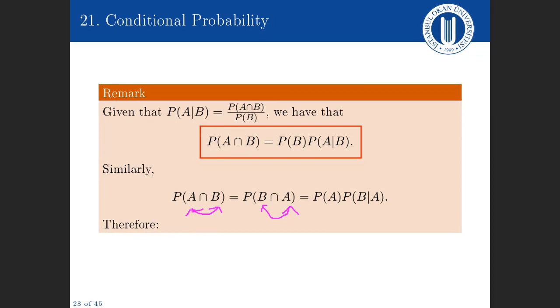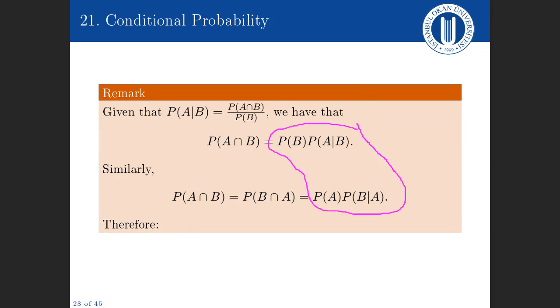So that means in the formula in the red box, we can also swap A and B. So that says the probability of A multiplied by the probability of B given A. So in other words, these two things must always be equal.